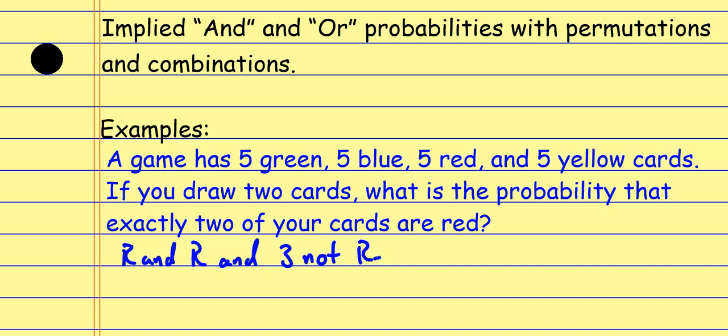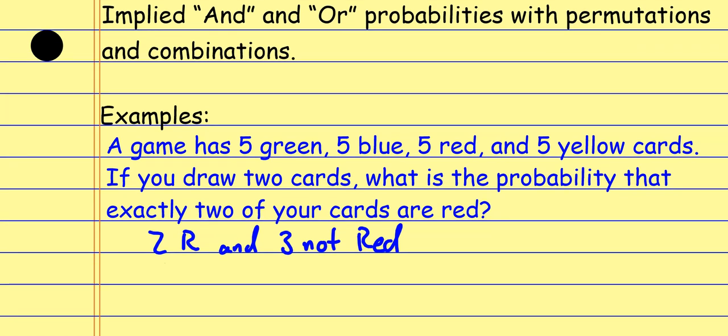When I start thinking about this situation, I can condense these 2 reds and think about my hand this way: I want 2 red cards and 3 not red cards. That word "and" is implied here if you just think about the situation.